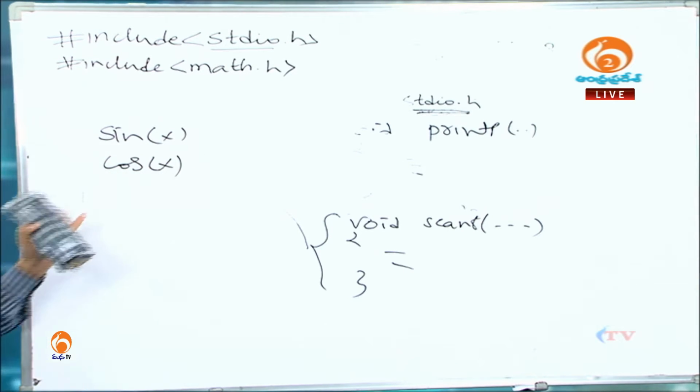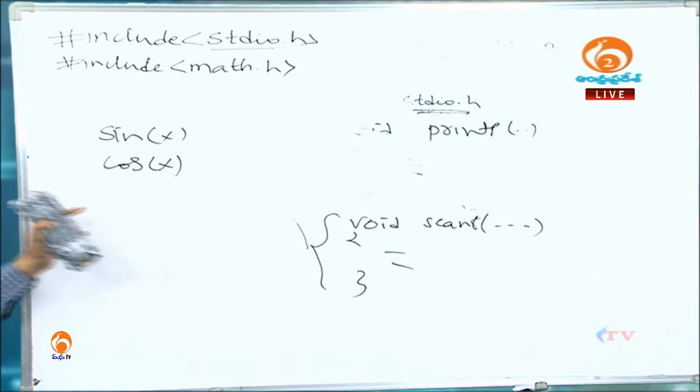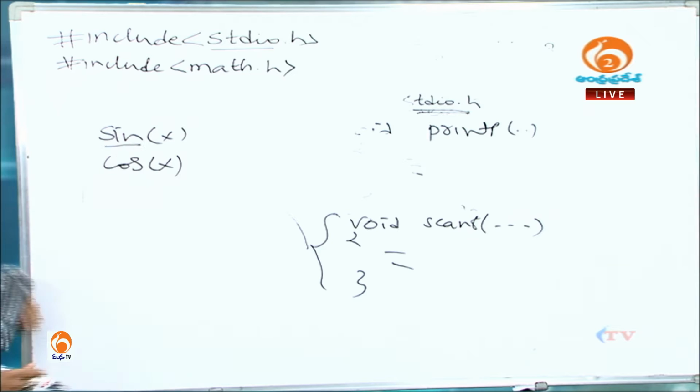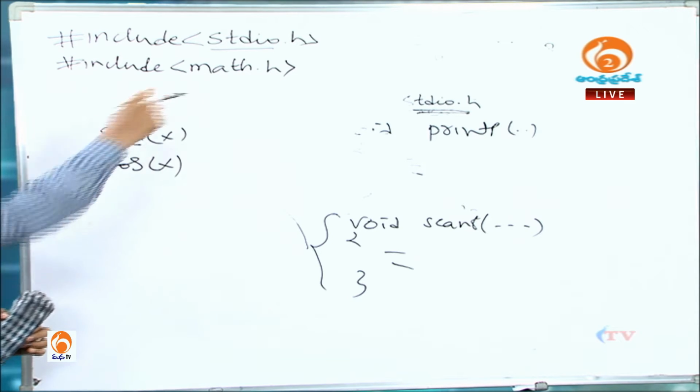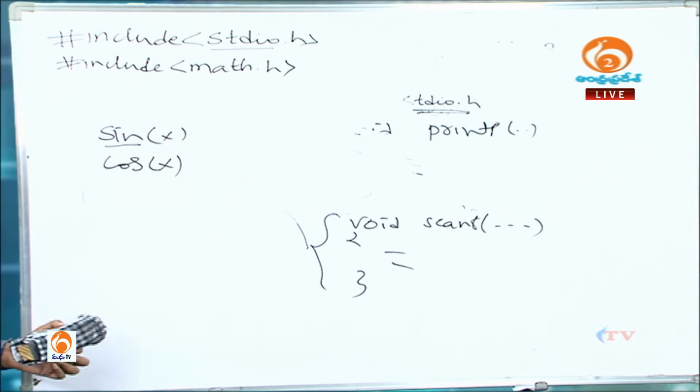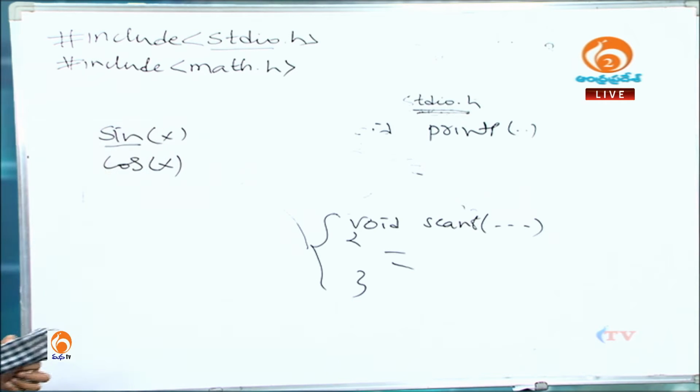No need to do these calculations here; automatically, it is a function call. So, before calling sin and cos, etc., we must include the header file. This is for mathematical functions.